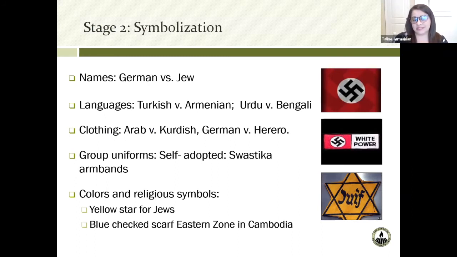Stage 2 is symbolization. You start having symbols represent groups of people. Names, German versus Jew, Turk versus Armenian, Urdu versus Bengali, the type of clothing, patches, symbols, flags. We see this all around us, and we see this to this day with white power movements in the United States that use the Nazi symbol, the swastika.